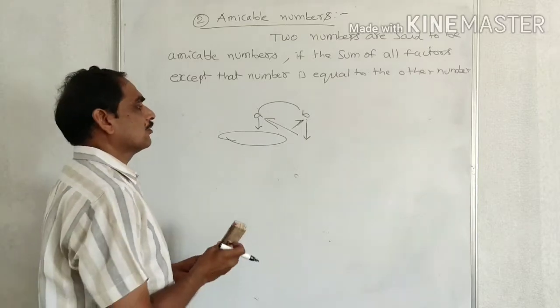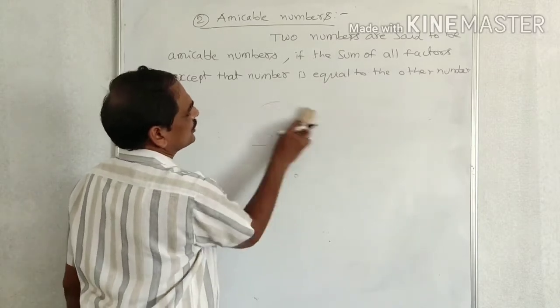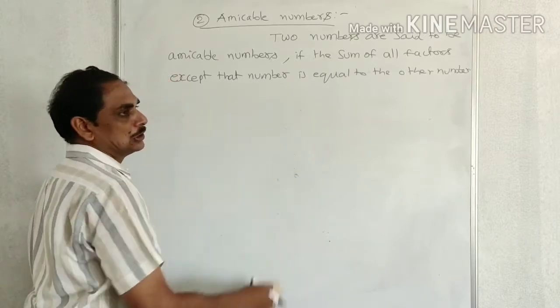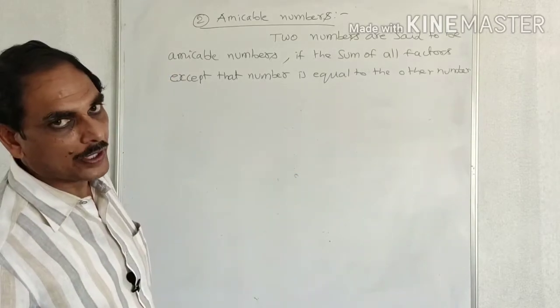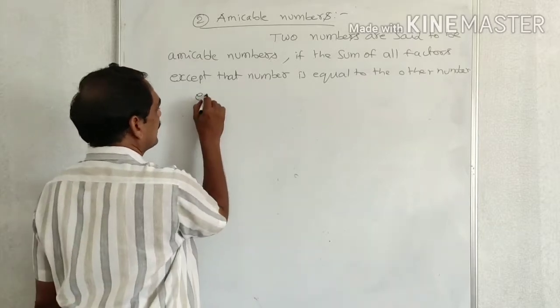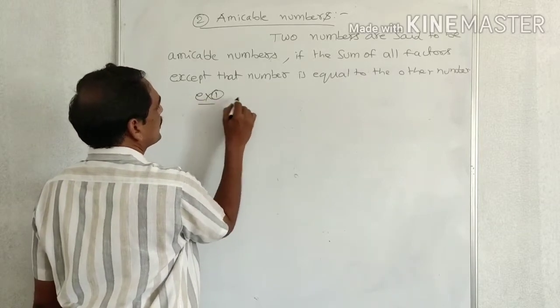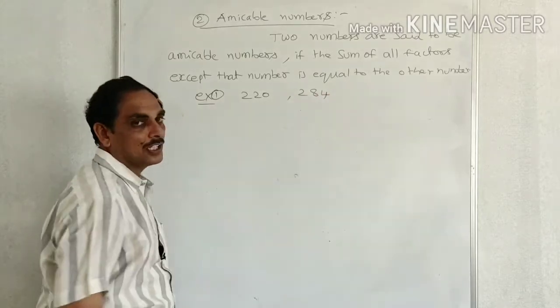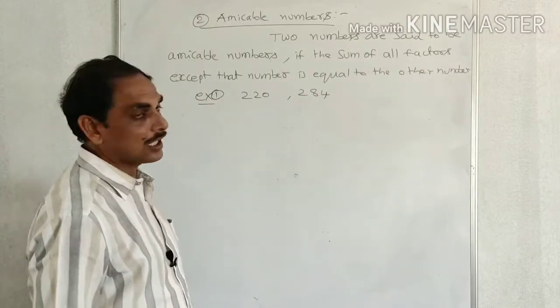We take one example which is amicable: 220 and 284. These are the two numbers which are amicable.